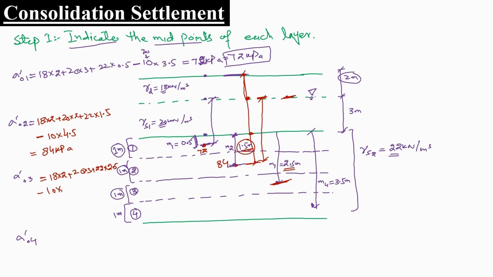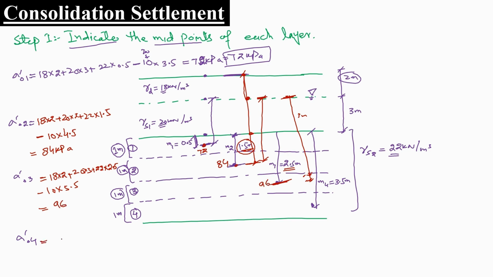After minus, you will have to consider the distance of water and the point. From this point to this is 3 meter plus this one, it is 2.5. So 3 plus 2.5 is 5.5. So the answer will be 96. So at this point, the stress is 96.